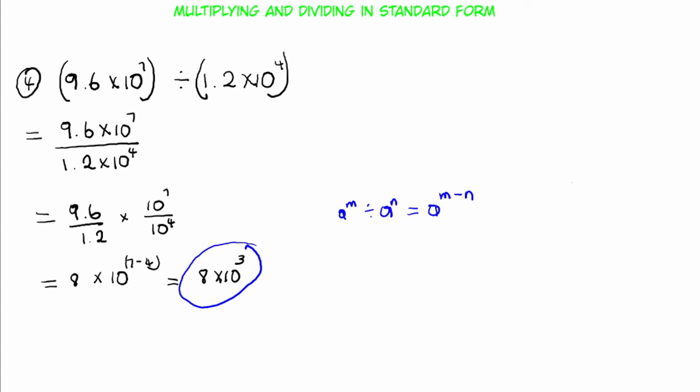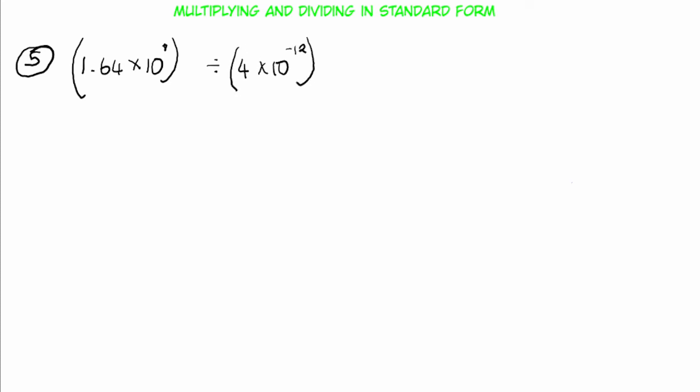Let's look at two more. Example number 5. 1.64 times 10 raised to the 8th power divided by 4 times 10 raised to the negative 12th power. The first thing we're going to do here is write this as a fraction.